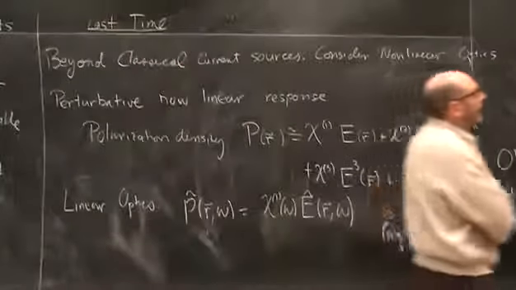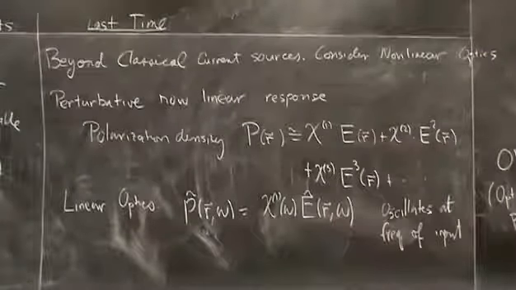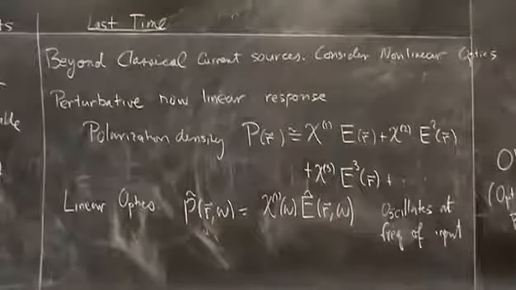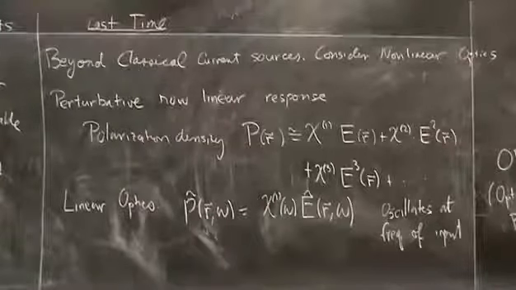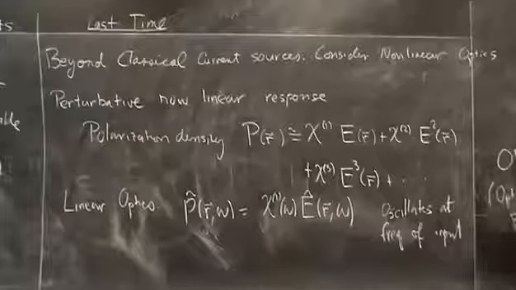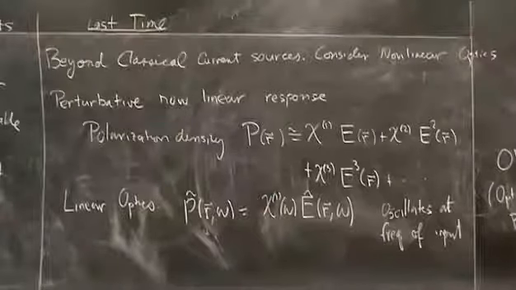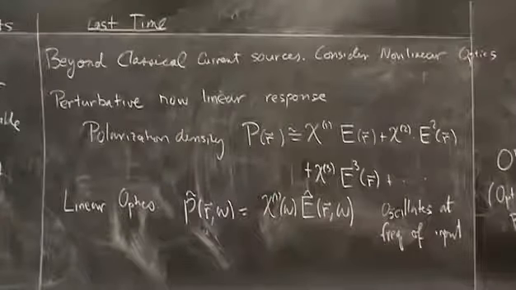So in order to discuss that, we just began by introducing the ideas of nonlinear optics. And what we're looking at is a situation in which we have some material, we have some dipole response, and that dipole response is no longer describable by the Lorentz oscillator model. Okay? Lorentz oscillator model is a charge on a spring.